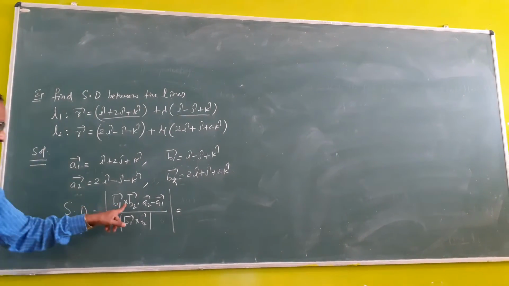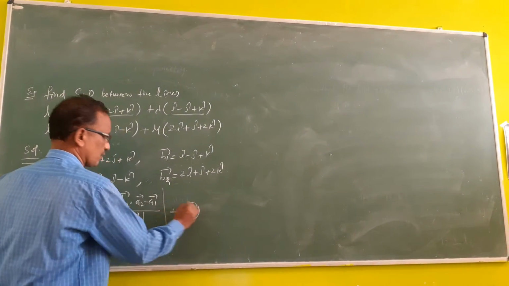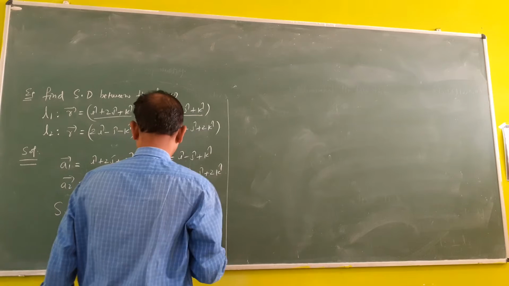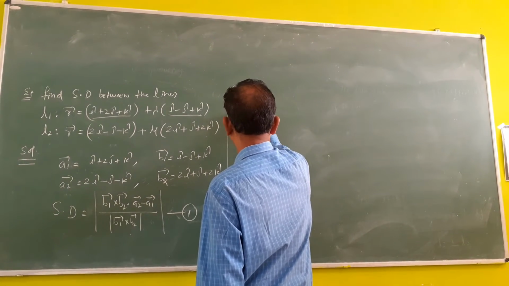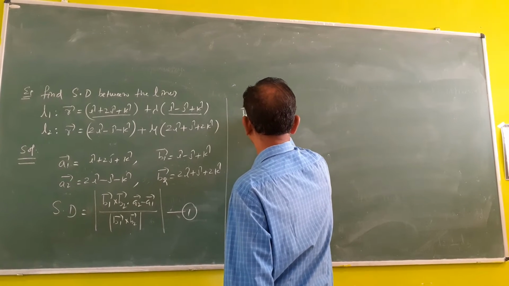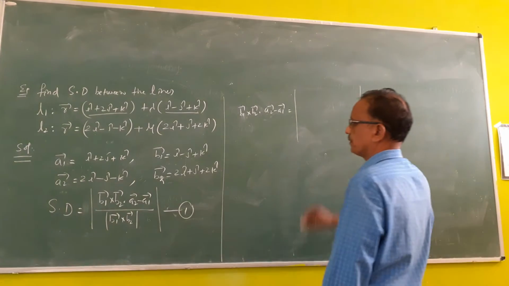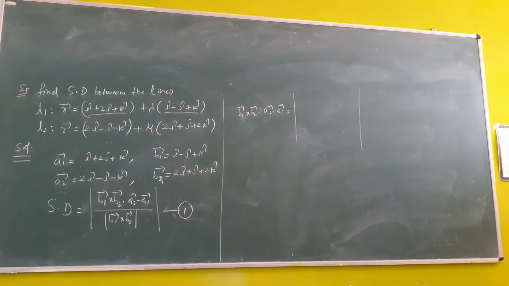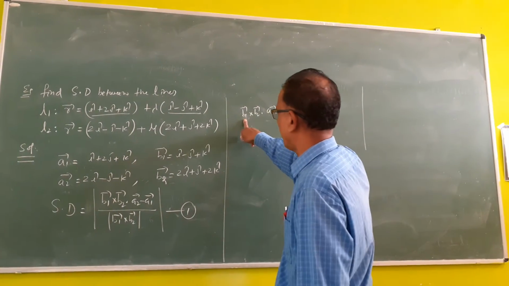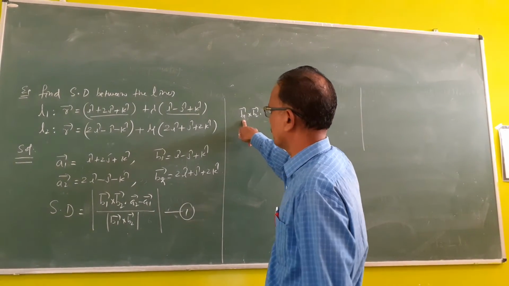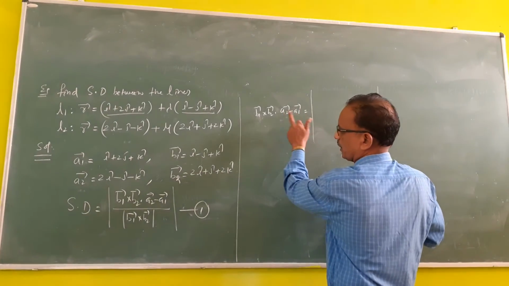So this is the triple product. How to find this? First find A2 bar minus A1 bar.